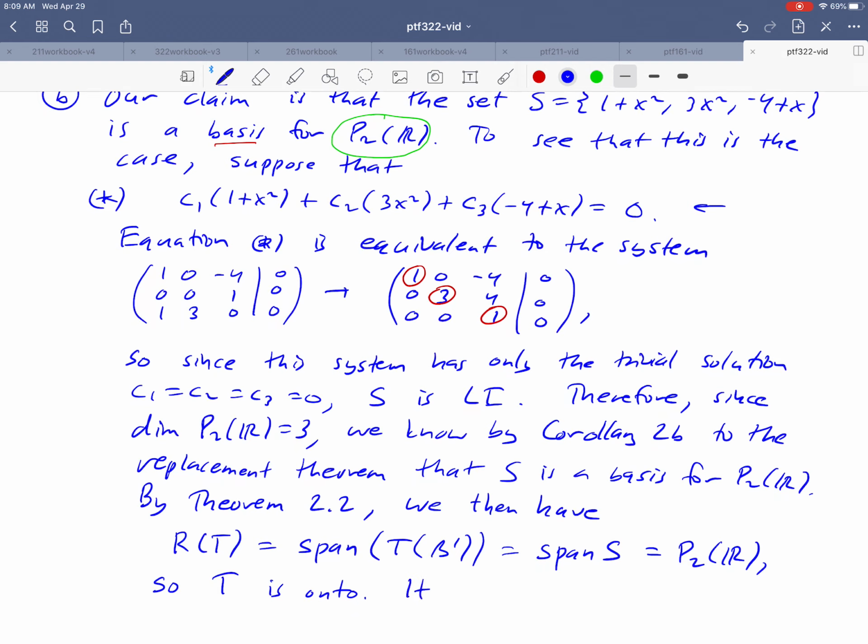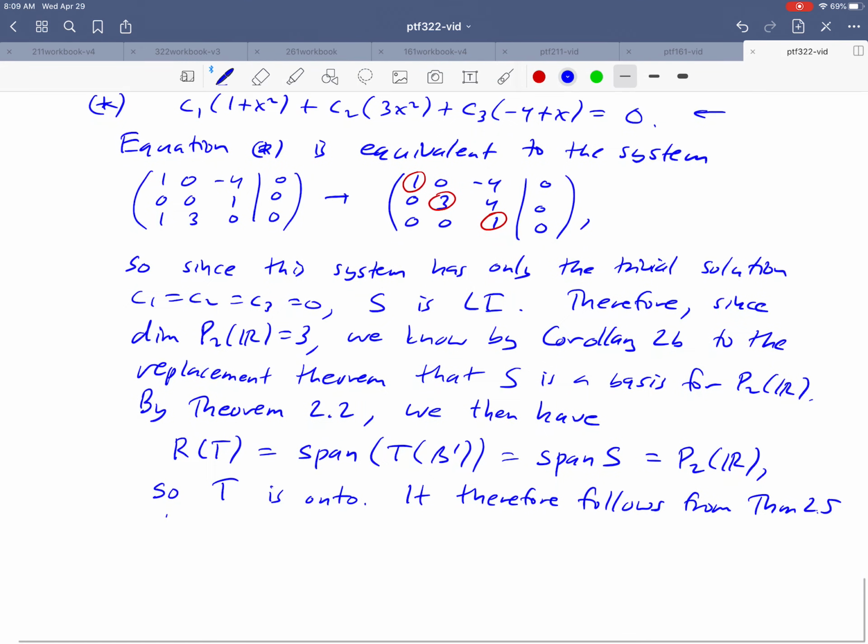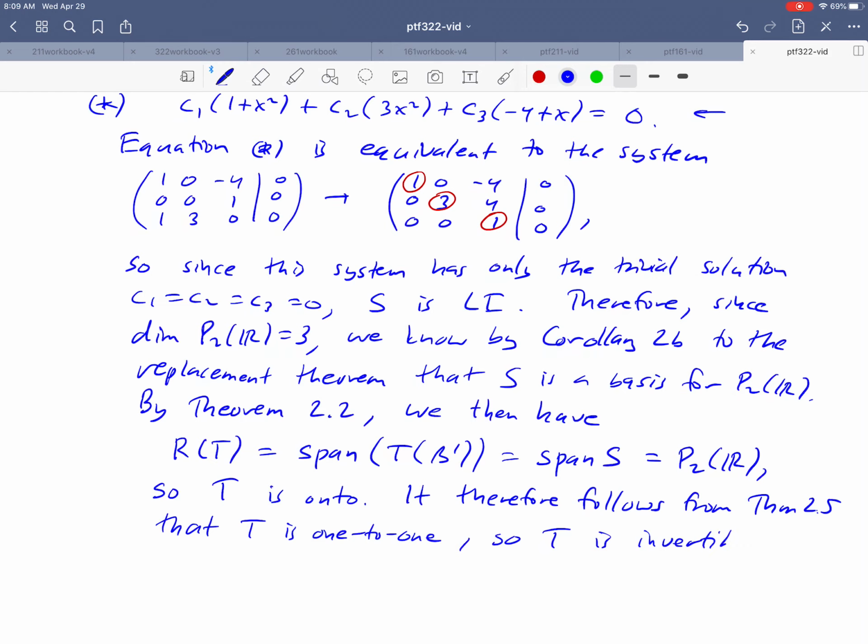That completes the proof, essentially. And so T is invertible. All right, and we're done.